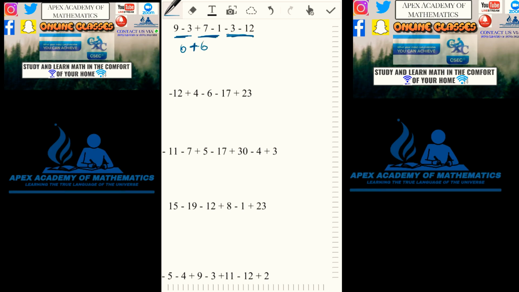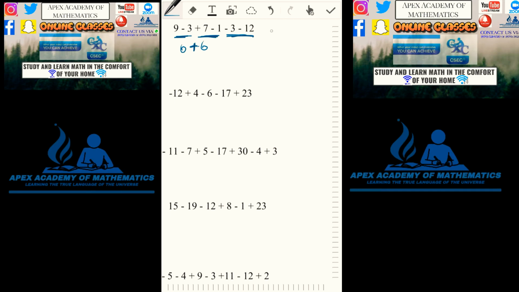Here I owe 3, okay, and I owe another 12. So if I owe John $3 and I owe Mary $12, then it means I will owe John and Mary $15. A lot of students will make the mistake and say negative and negative equal positive.